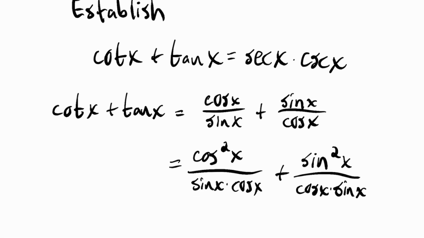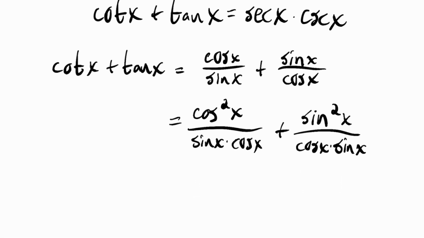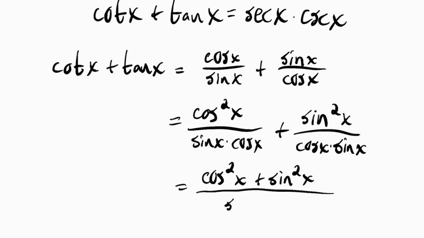So now I can combine these two numerators into one fraction. So this is cosine squared x plus sine squared x all over sine x times cosine x. Yeah, this one's working out to not be too bad because we're almost done, at least halfway.